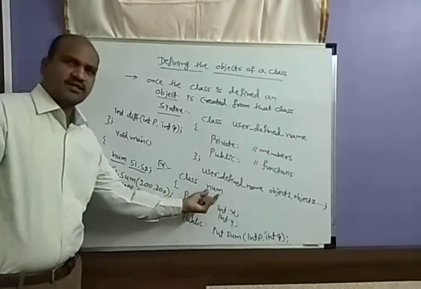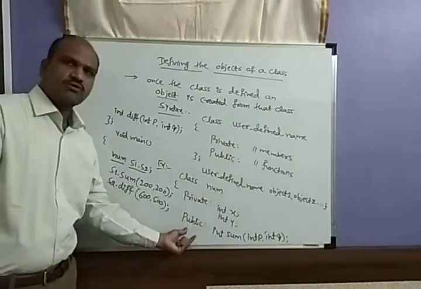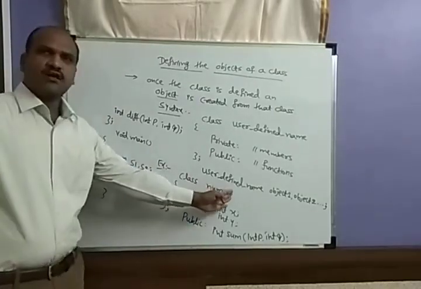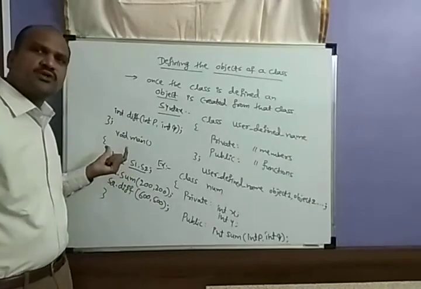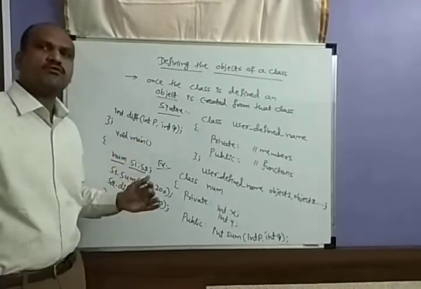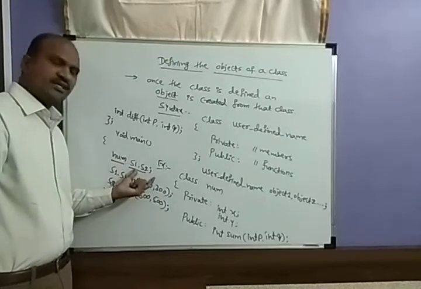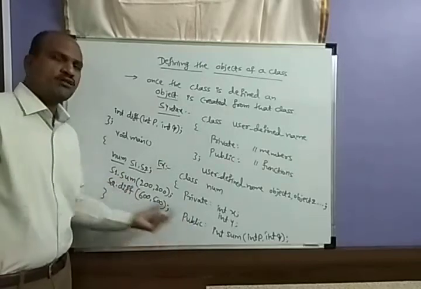So this is how we first define the class with the name of the class, the private section with the members, then the functions you want to define. Then you can write directly outside of the class or in the main function. It is very easy to write in the main function because of the number of functions you will write. With the class name, you create the number of objects and call all the functions.